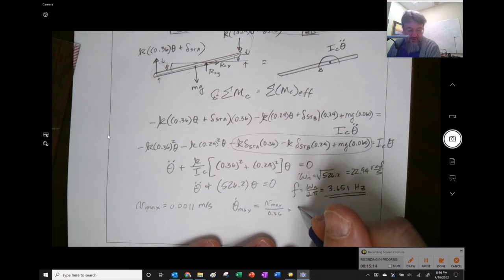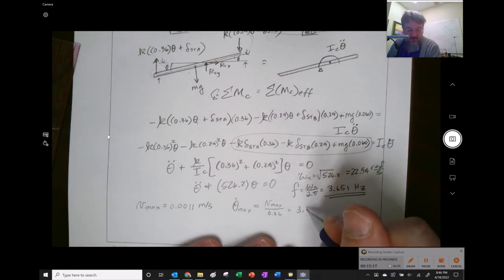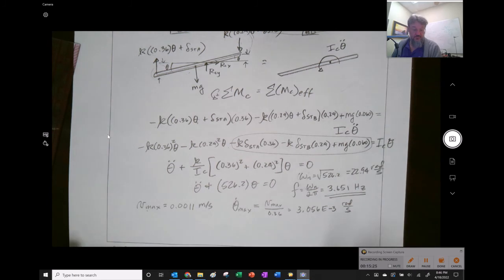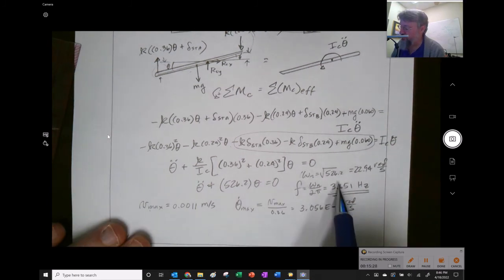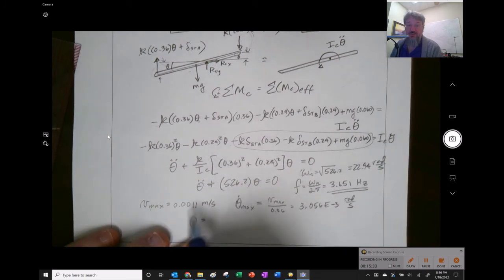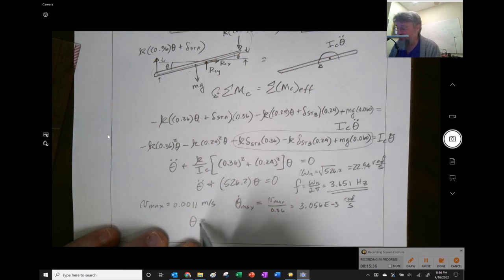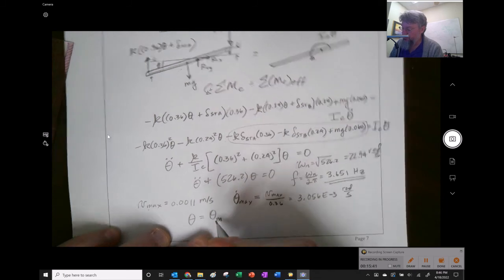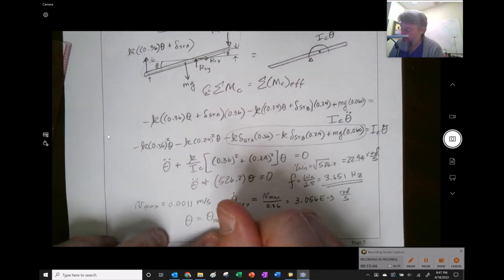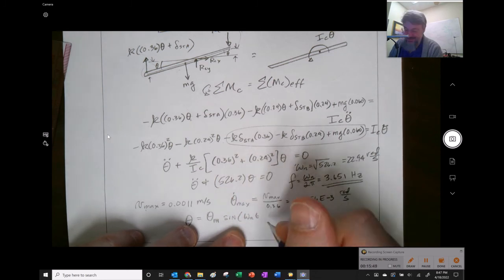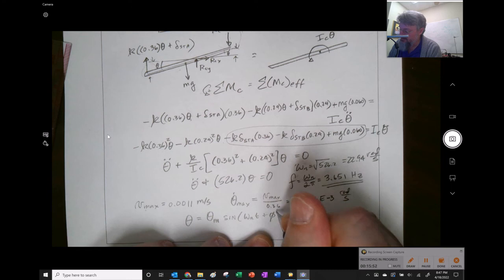So just dividing out through there, I'm going to turn it into scientific notation because I don't like writing that many zeros. So it'd be e to the -3. This is radians per second. And we know that the general solution of the oscillating position is going to be theta m, this is the magnitude right there, times the sine of omega nt plus phase angle.